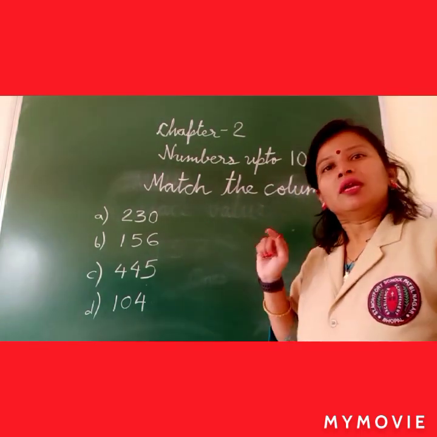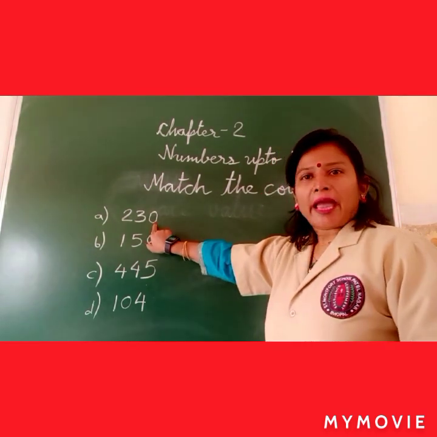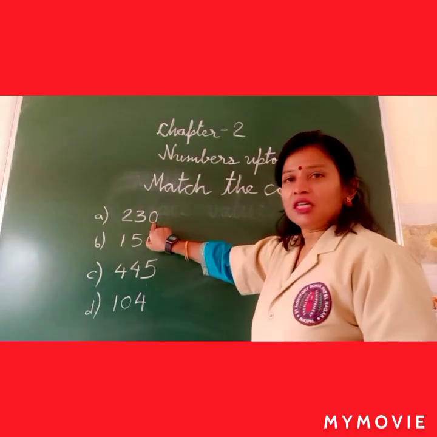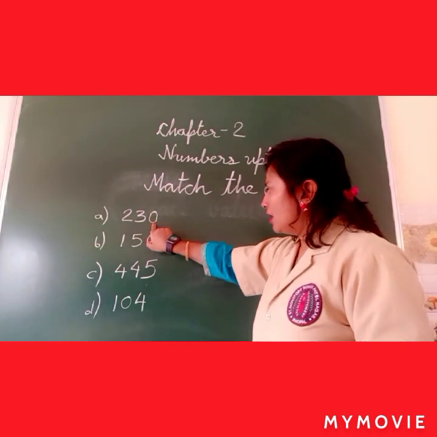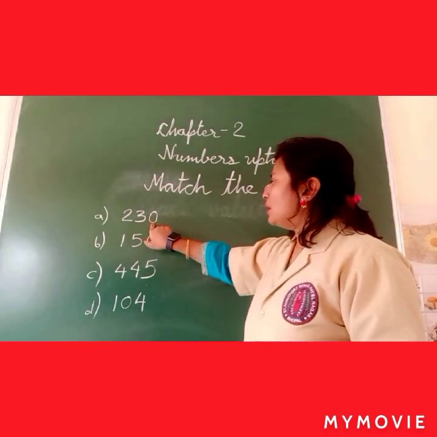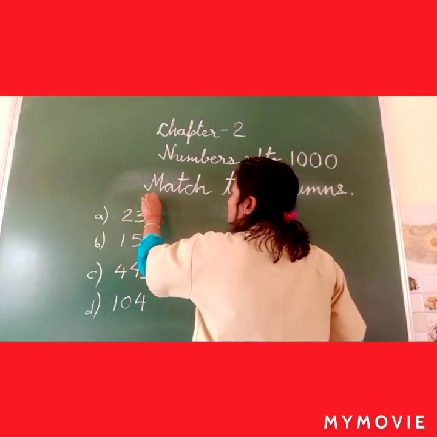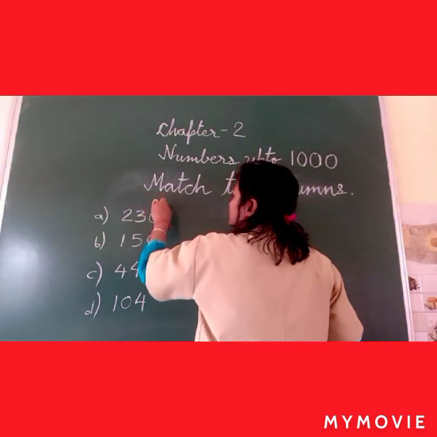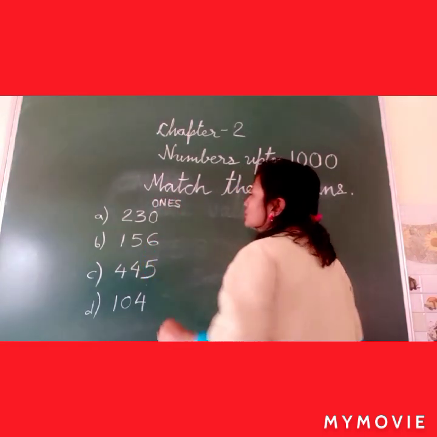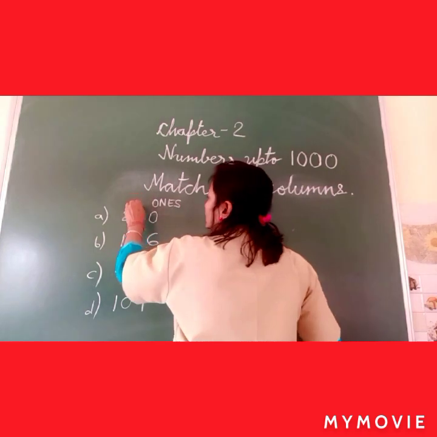in the given number. As we know that the digit which is here left hand side, it will be ones. And then the next number will be in tens.